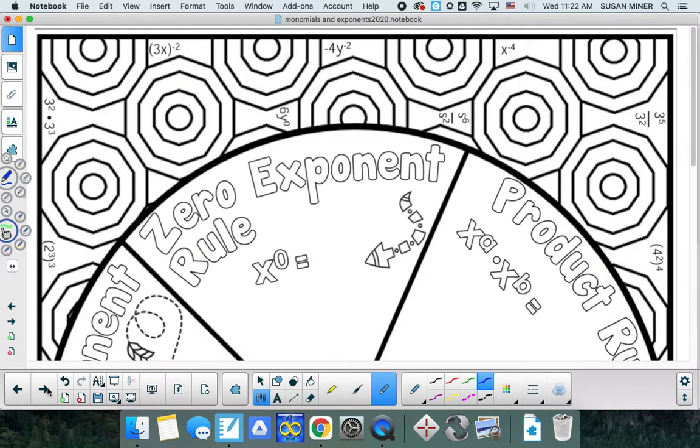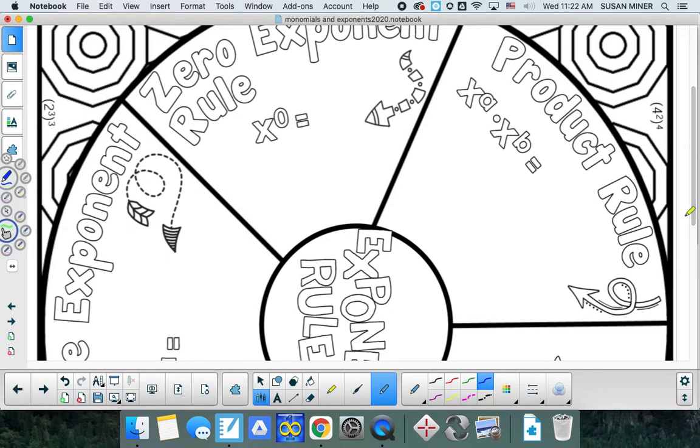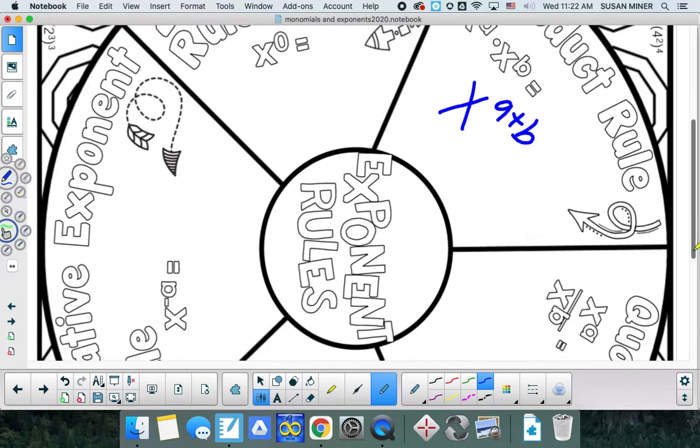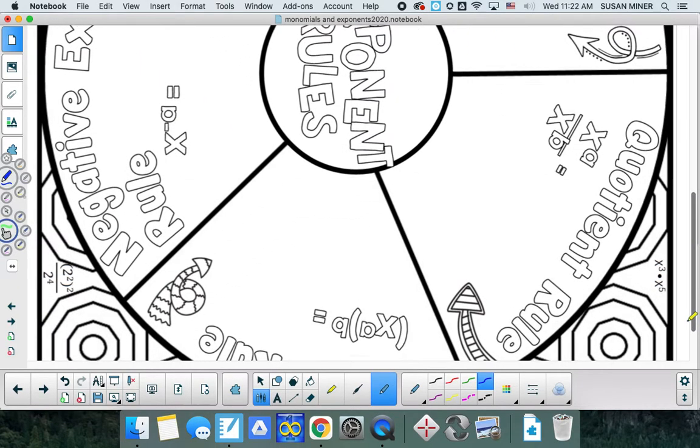All right. So let's fill in our exponent Bible. Let's figure out today what we did was we did the product rule and the quotient rule. The product rule was if I have x to the a and I'm timesing it by x to the b, I'm going to do x to the a plus b. I'm adding those exponents together. Then we did the quotient rule.